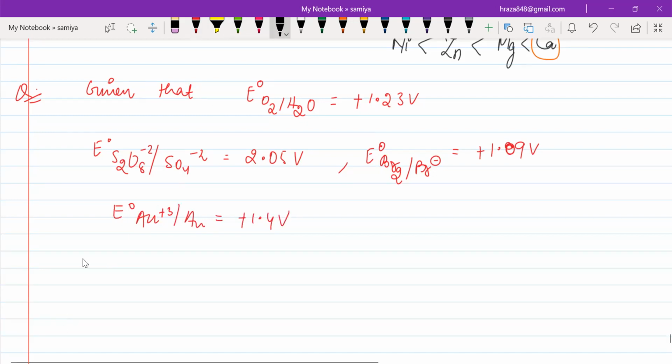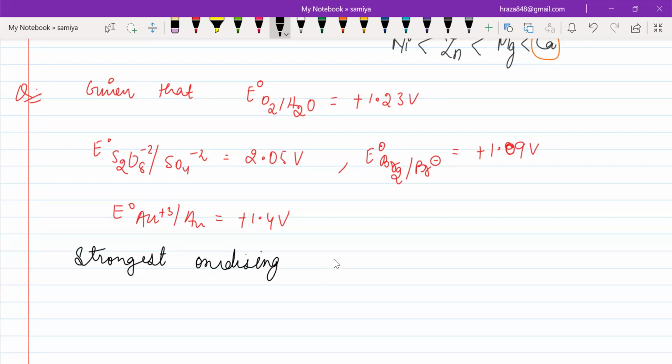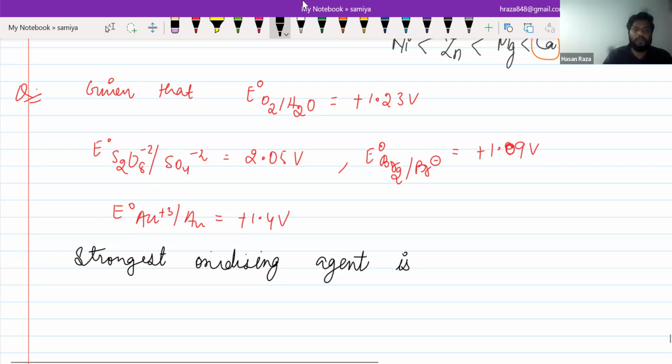Now the question is, the strongest oxidizing agent is. It's S2O8 minus 2. Any other answer?